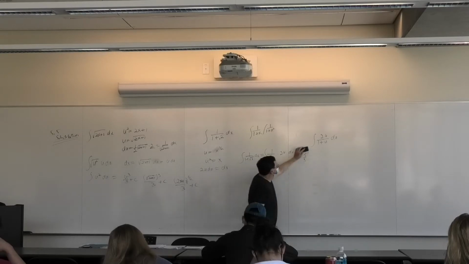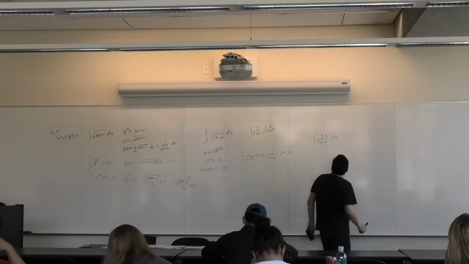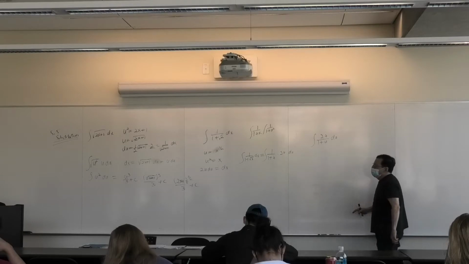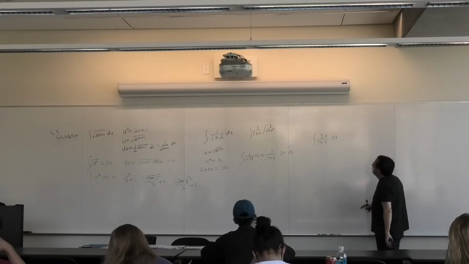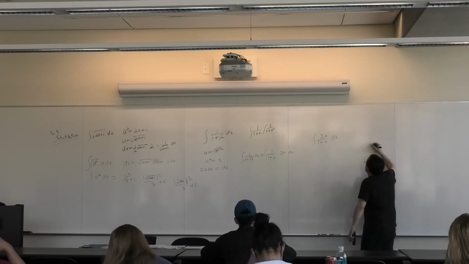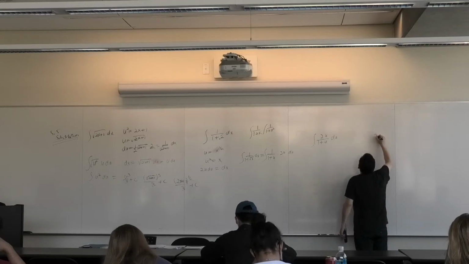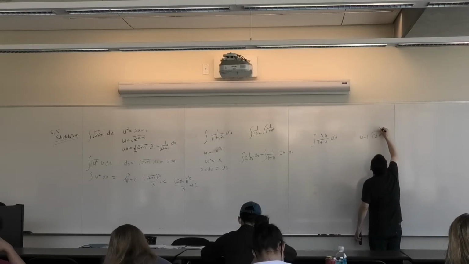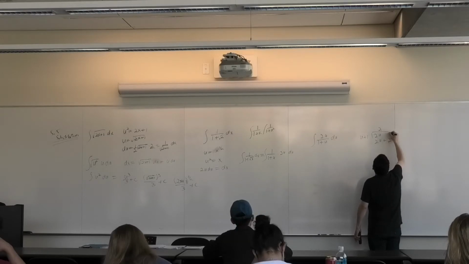But recall at the beginning of class, we talked about simplifying this by dividing. Let's give it a try. 2u over u plus 1 goes in 2 times. 2u plus 2, this is 0 here, so we have minus 2.